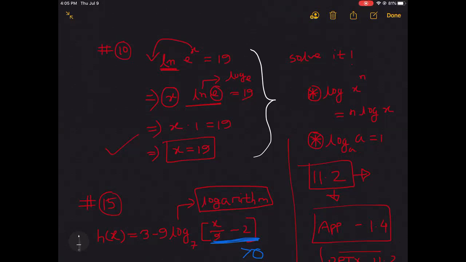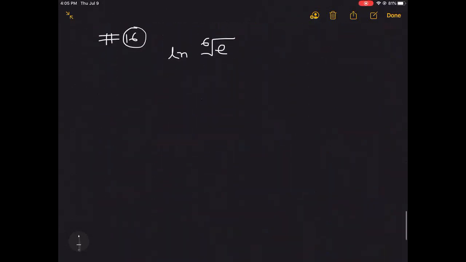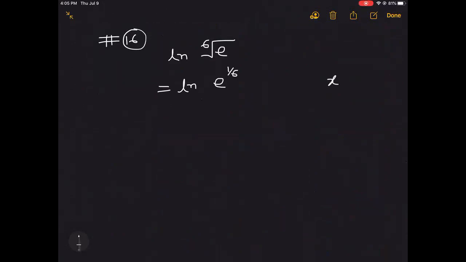Anyway, for this problem, again, we need to write this in a format where we can use the properties we already know. So obviously this could be written as e to the 1/6. If you have an nth root, you can always rewrite that as x to the 1/n.